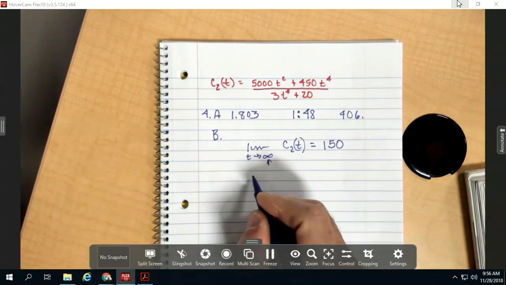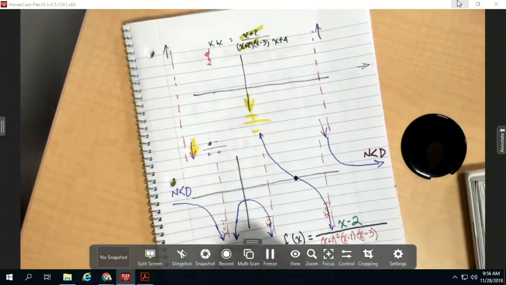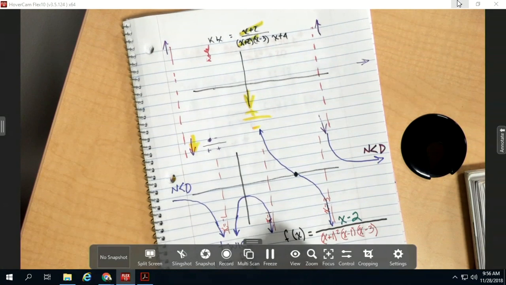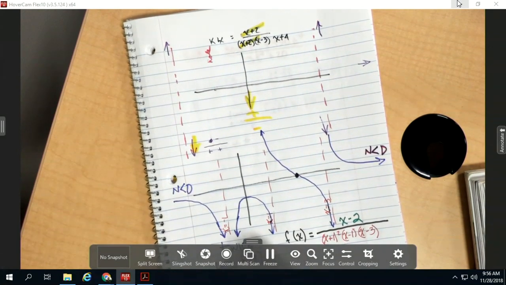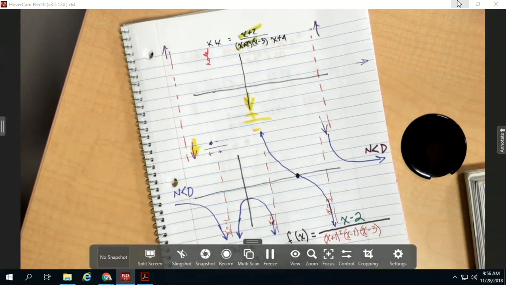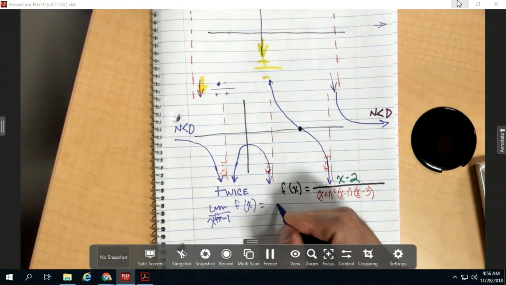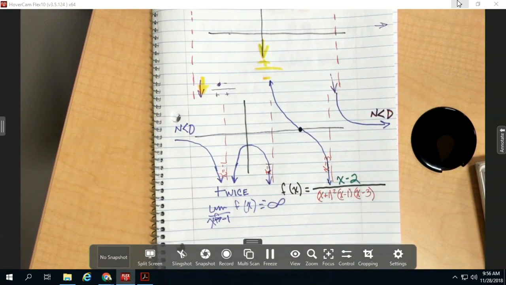But if it were, say, as you go to, let's do this one back here. The limit of f of x as x approaches -1, it approaches negative infinity, right?